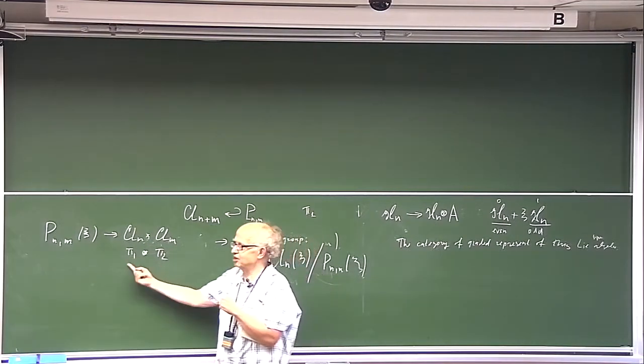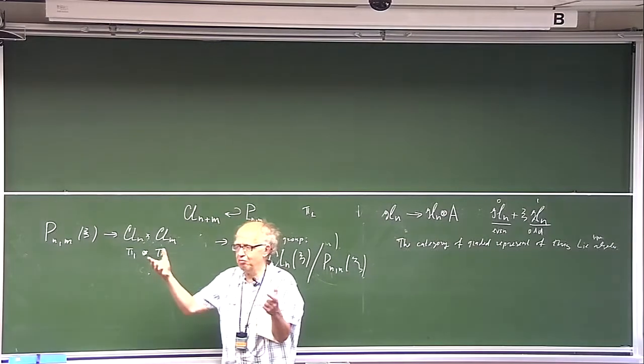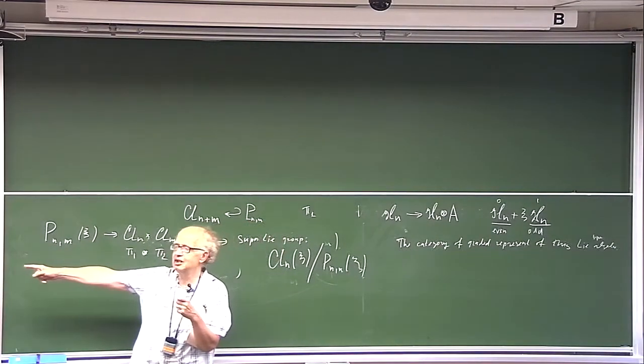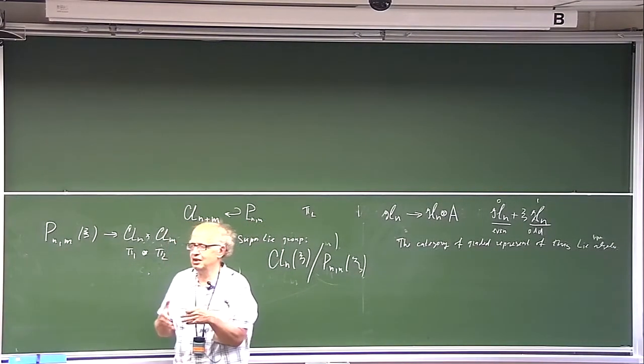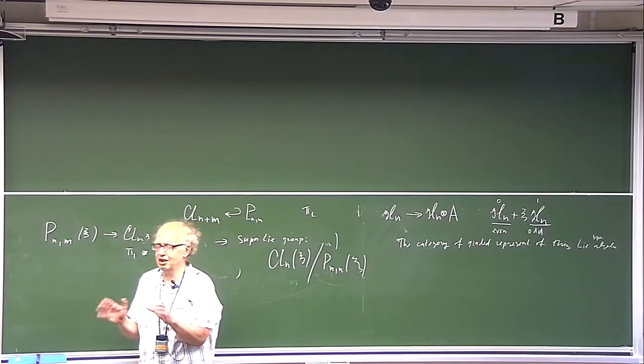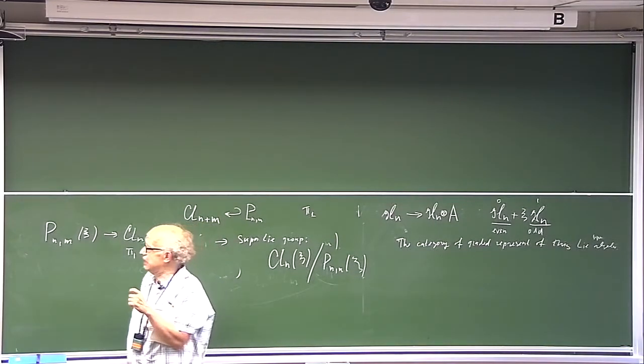So I take P1 and P2, then I make up something on this manifold, and then I consider this equivariant Euler characteristic, and this is it.